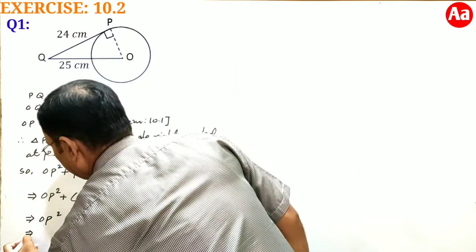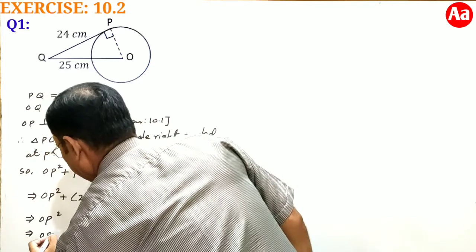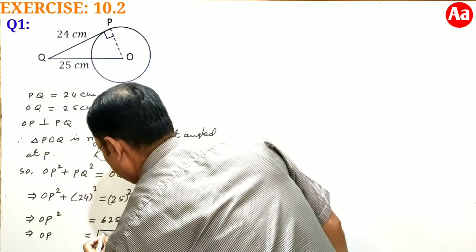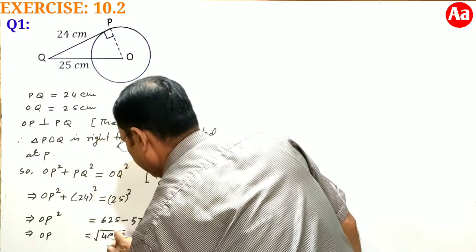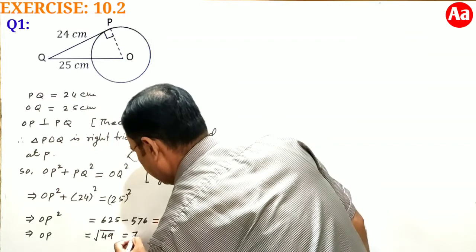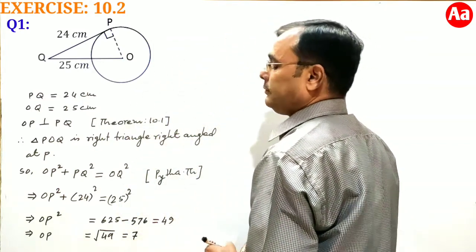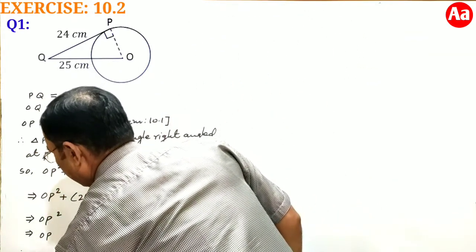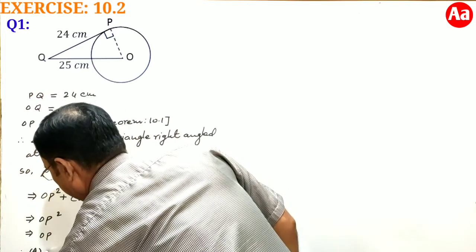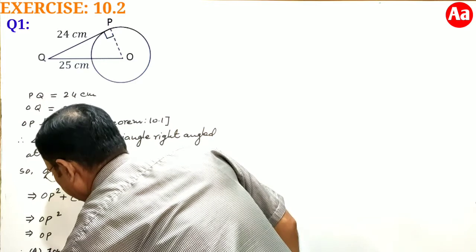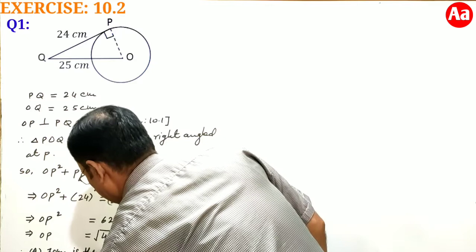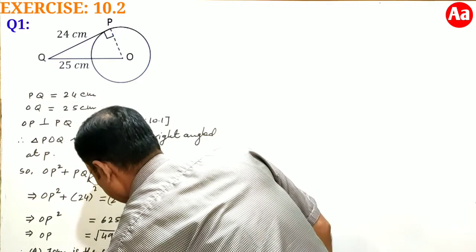So, OP is equal to under root 49, and this is equal to 7. Therefore, option A, 7 centimeter, is the correct option.